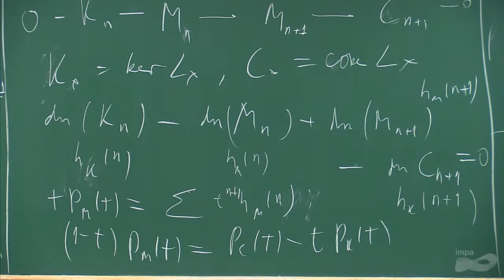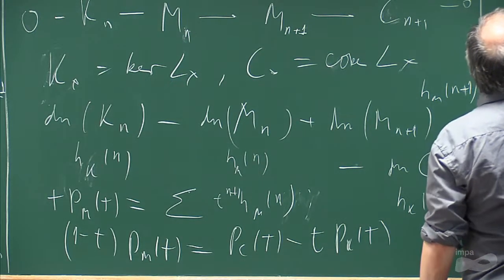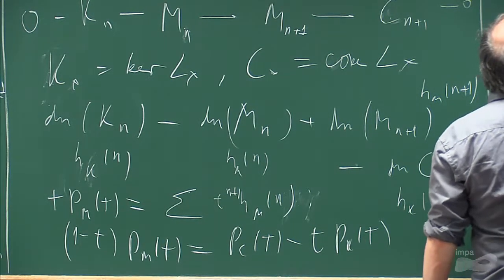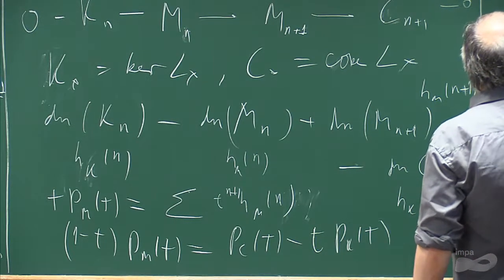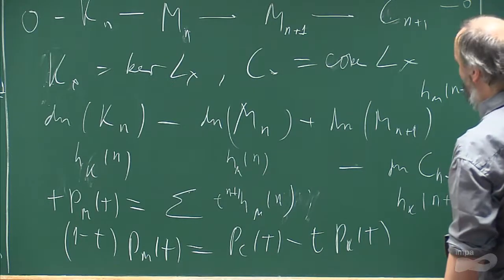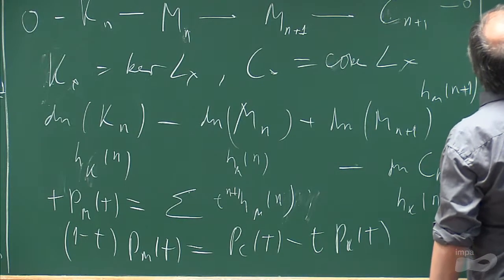And this gives us P_M(T) equal to (P_C(T) minus T P_K(T)) over (1 minus T). Now, this is step 3.